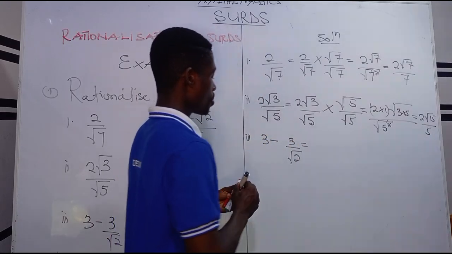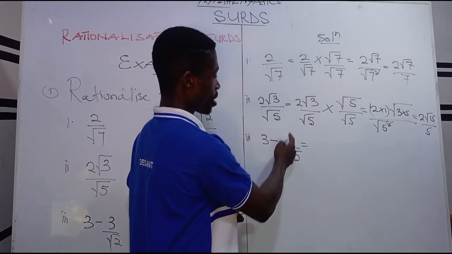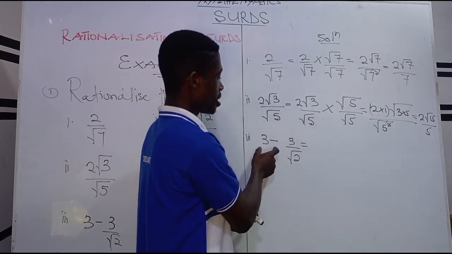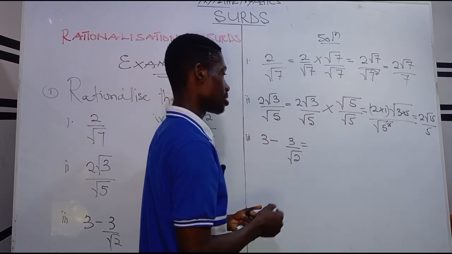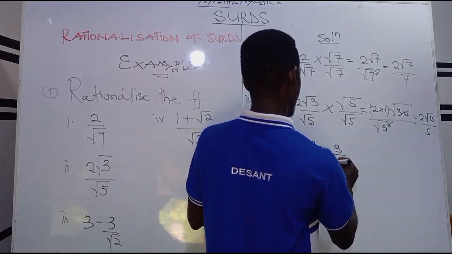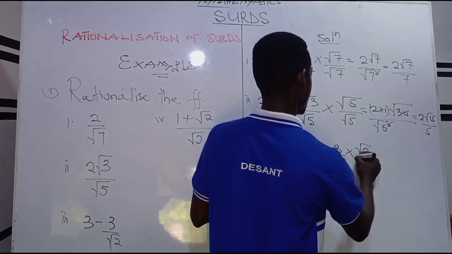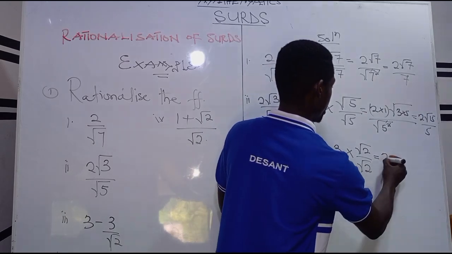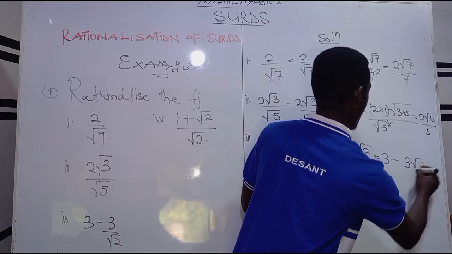So with this very example, we have 3 minus 3 over root of 2. Now we have a fractional set here, so we can rationalize this very part. But this one, we have to leave it because we don't have a set beneath. Good. So we are going to get 3 minus 3 over root of 2. So multiply the top and down by the denominator. So we are going to get 3 minus 3 root 2.